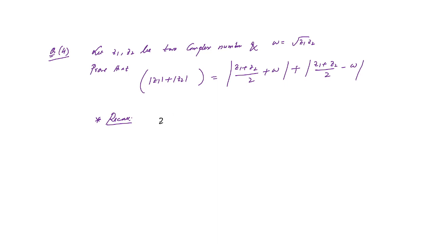The recall is basically |z1 + z2| plus |z1 - z2|. Sometimes we can use the identity |z1 + z2|² + |z1 - z2|² = 2(|z1|² + |z2|²).